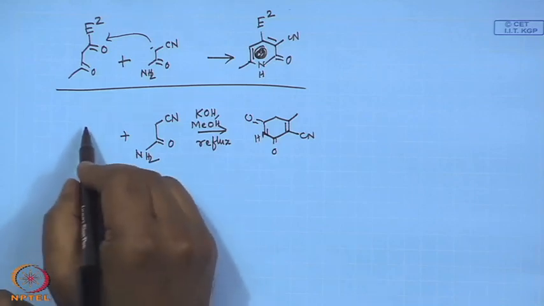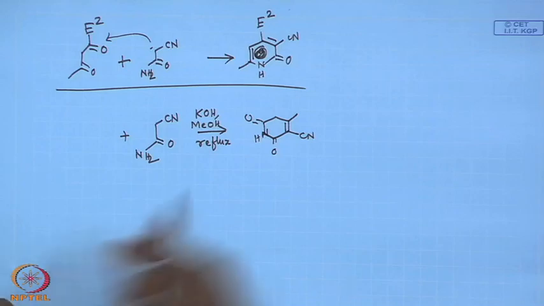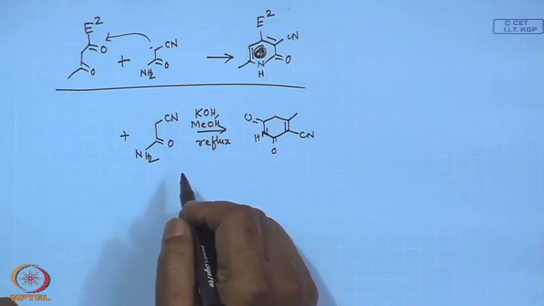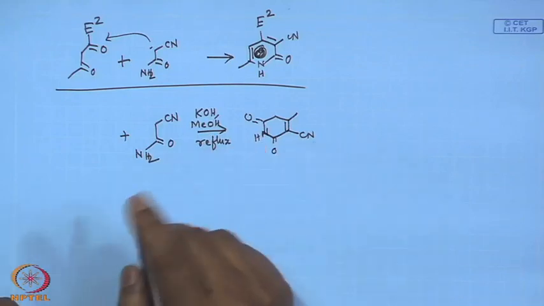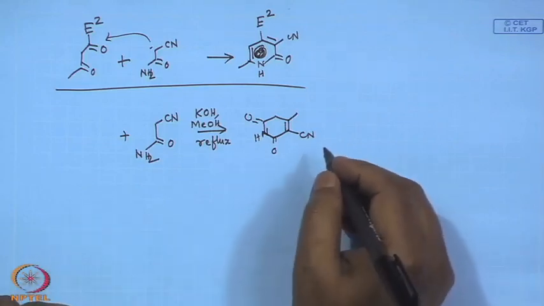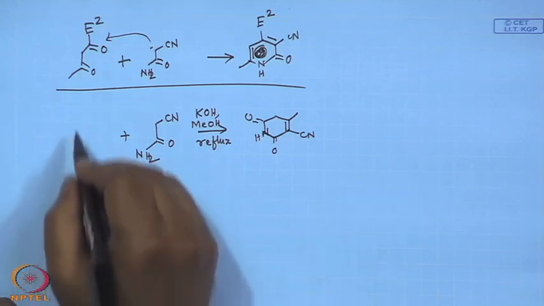Okay. So, an acid chloride would not be a good reaction, because once you give KOH and methanol, it will hydrolyze to the corresponding, not ester, acid itself. Close, yes.